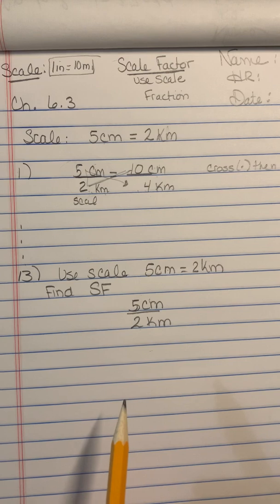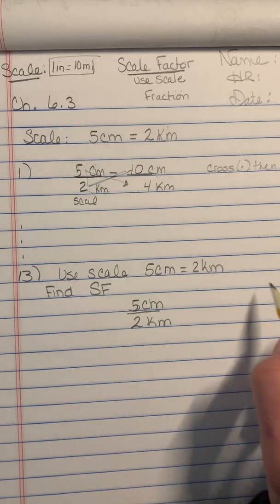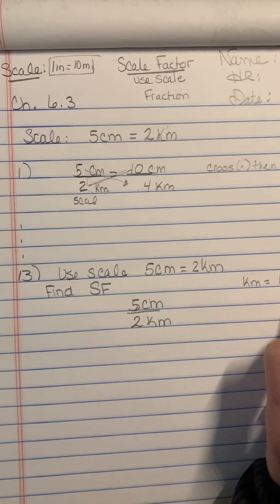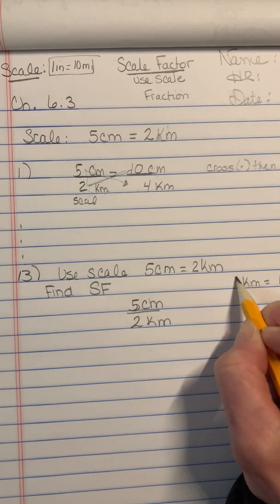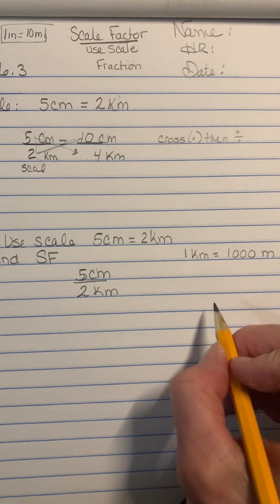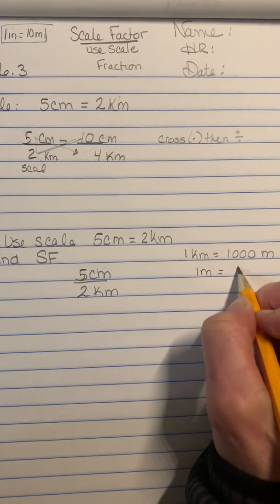So remember, a kilometer is equal to 1,000 meters. Okay, that's important to know. What's also important to know is that 1 meter equals 100 centimeters.